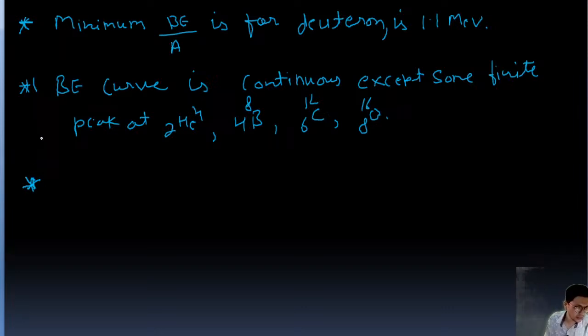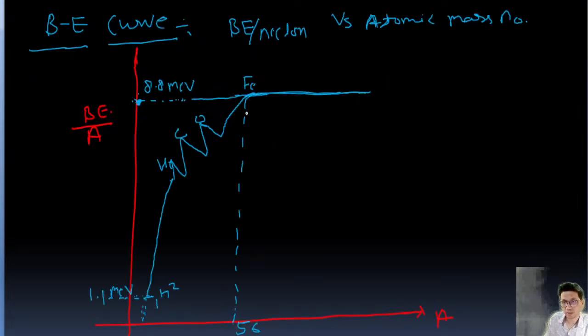Next, binding energy per nucleon is maximum for Fe. You can see in the figure that it is 8.8 MeV, the maximum, for Fe. For others it is less than that.